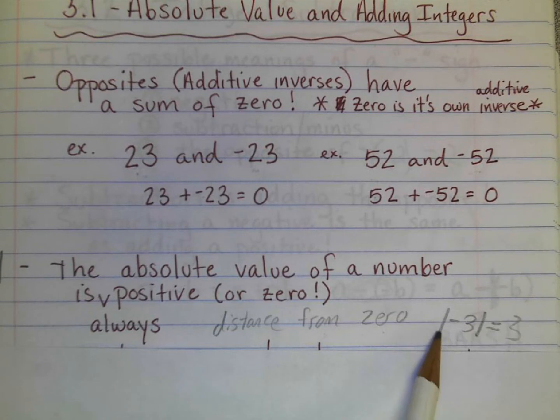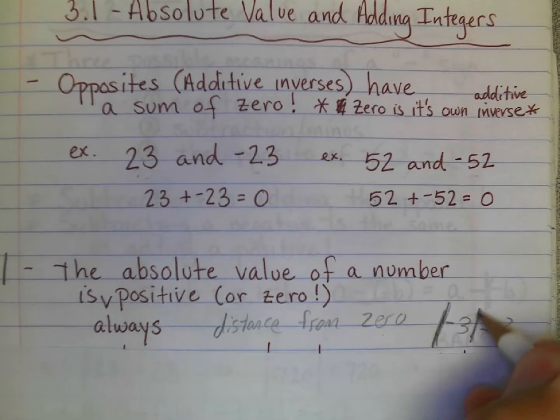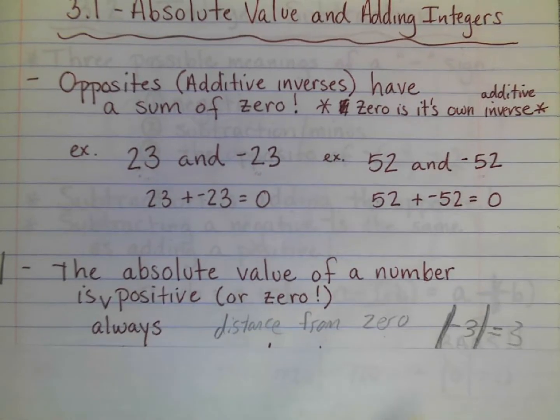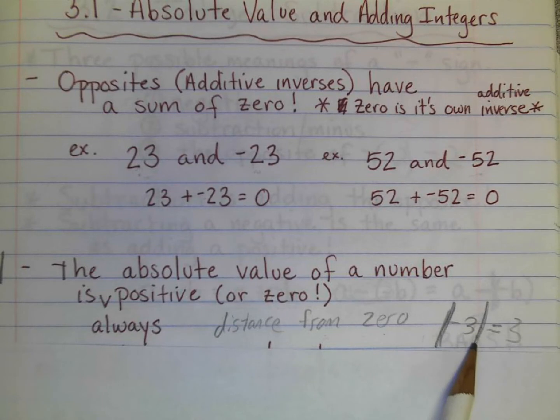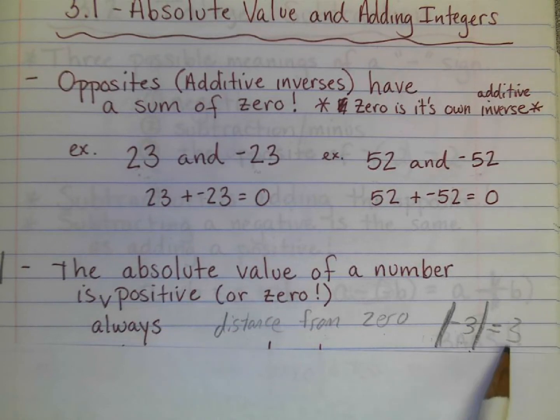So the absolute value, and here are my bars for absolute value, these bars on either side of the number, that means absolute value, or how far away from 0 that number is. So negative 3 is 3 units away from 0 to the left. So my answer will be a positive 3.